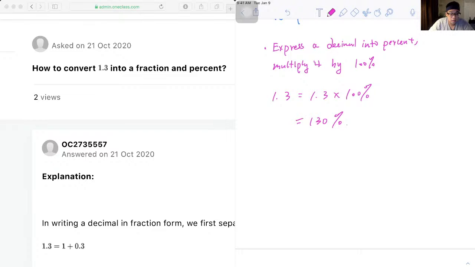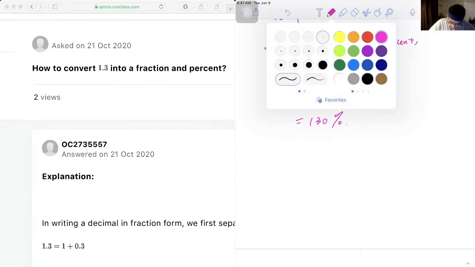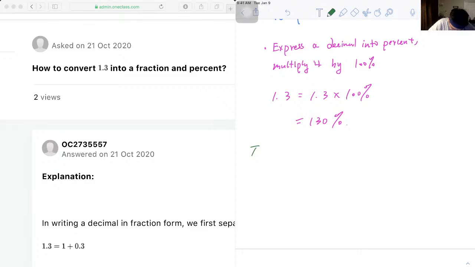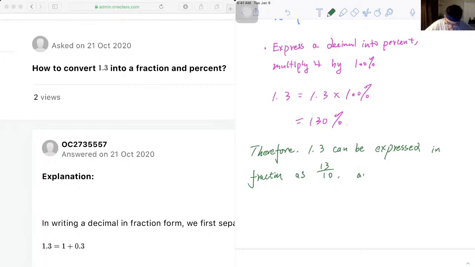Okay? Yep. So now we can write the conclusion for this question. So therefore, 1.3 can be expressed in fraction as 13/10, and in percent as 130%.